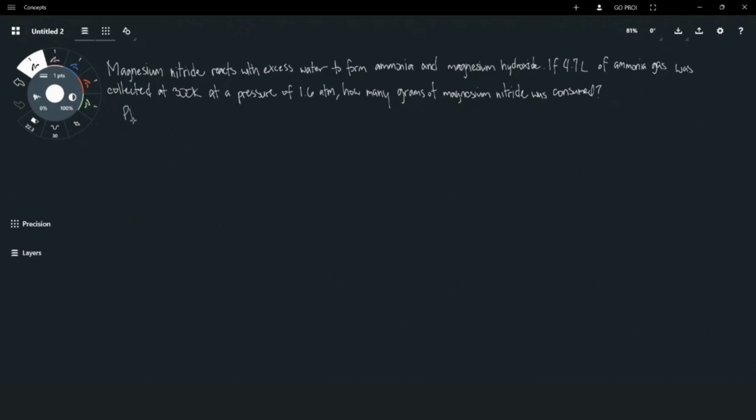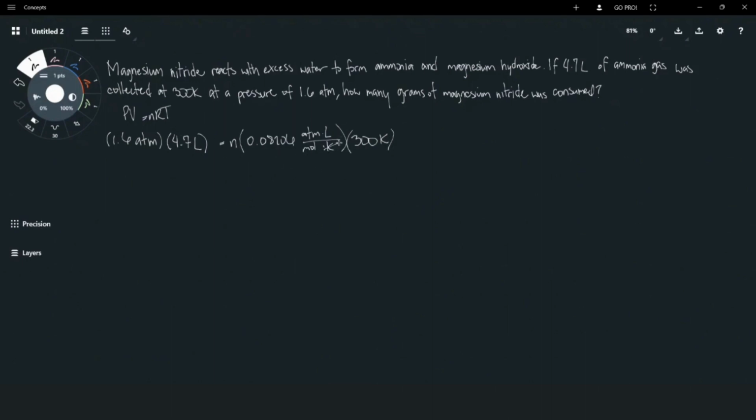So the equation PV equals nRT. You have your pressure of 1.6 atmospheres and your volume of 4.7 liters of ammonia gas equal to the number of moles, your gas constant 0.08206 atmosphere liter over mole Kelvin, and your temperature of 300 Kelvin.